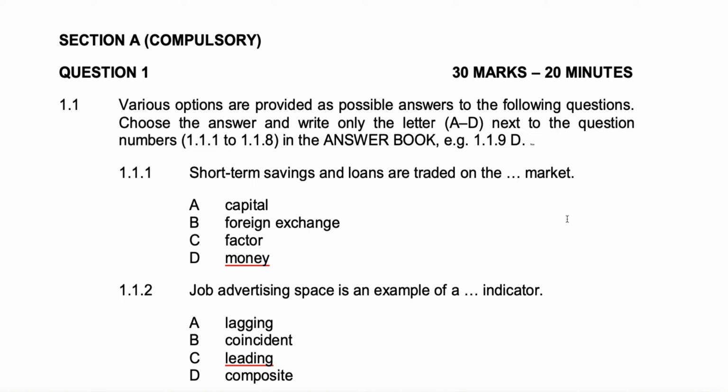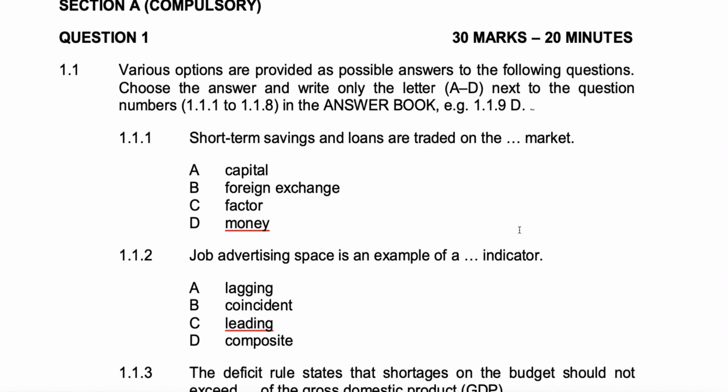At the end of the day, it already shows you that people are not buying. So real retail sales is a coincident indicator, because as the economy is going through a recession, it confirms that this is a recession. But it's not the same as job advertising space, which tells us that a recession or a recovery is coming. You see? The economy is about to turn around.